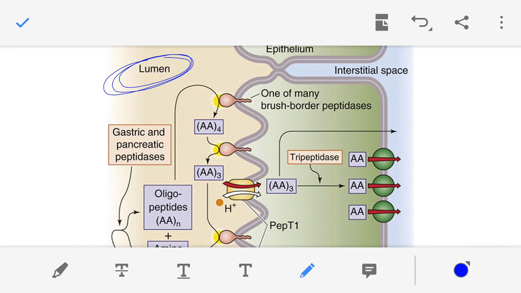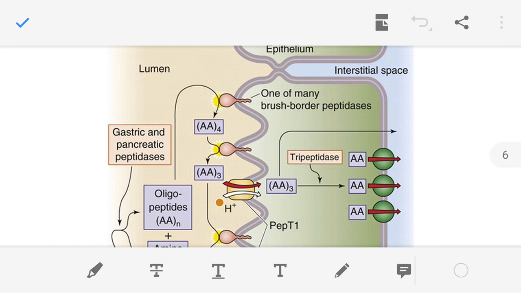Protein digestion starts in the stomach with pepsin, that is gastric peptidase, and in the lumen of the small intestine, the pancreatic juices contain proteases, the pancreatic peptidases, because proteases have two classes, exopeptidase and endopeptidase. So these peptidases are actually proteases.